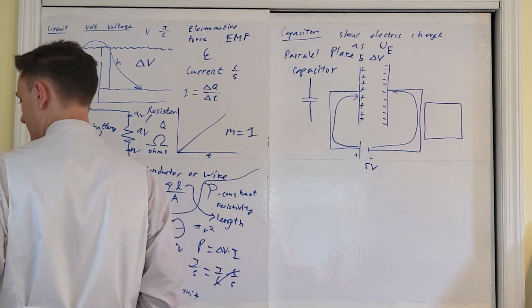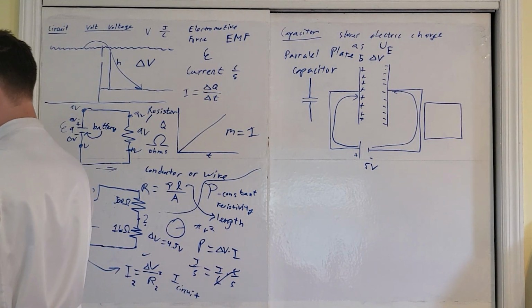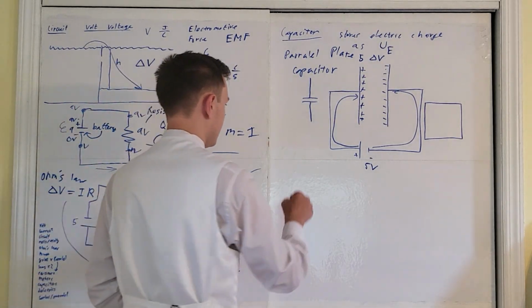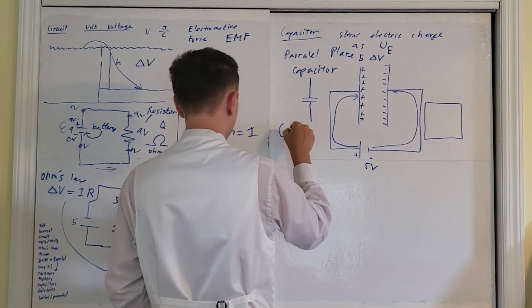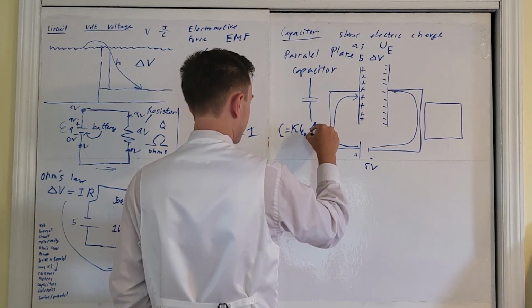Now from there, let's take a look at some of the equations we have on our reference table to define capacitors, okay? First of which, you will see this equation, capital C equals kappa epsilon naught A over d.